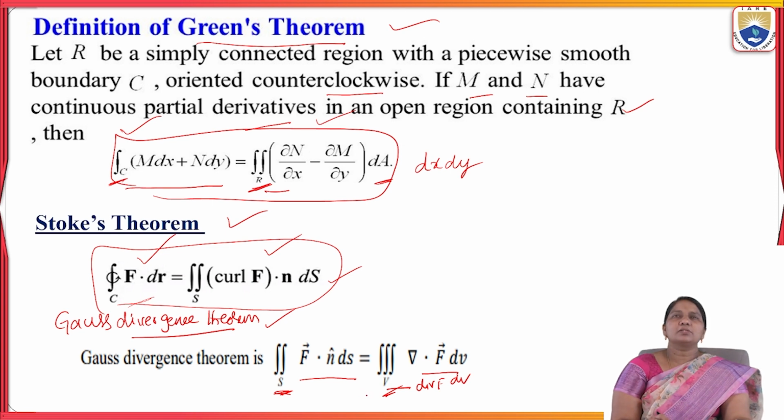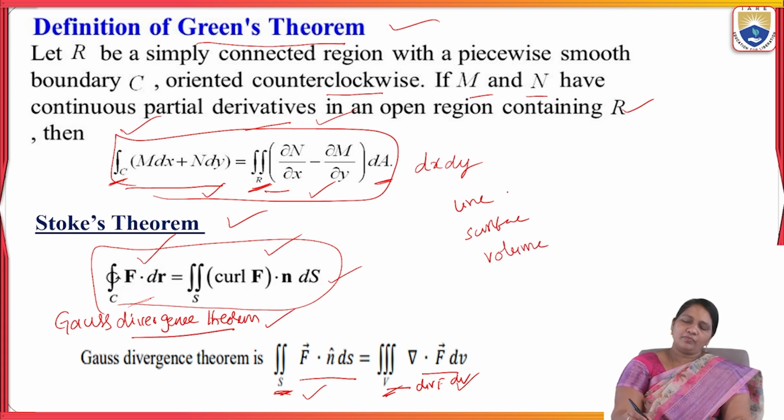Why? Because we can transform the line integral to surface integral and surface integral to volume integral. Some of the problems we can solve very easily by using the line integral, some by using the surface integral, and some by using the volume integral. If we only have line integral, surface integral and volume integral formulas, we can calculate those problems only by using those formulas.